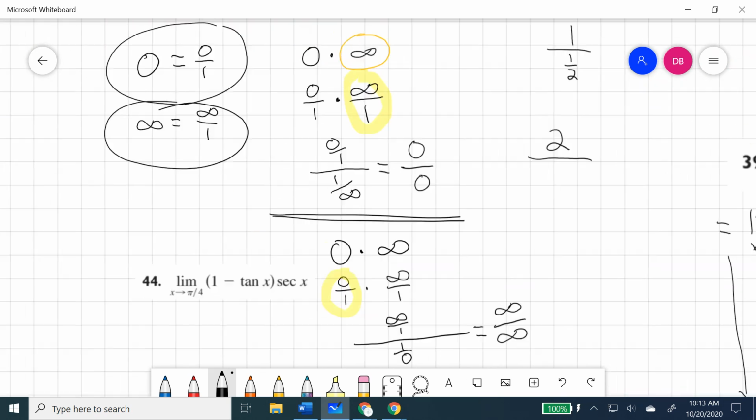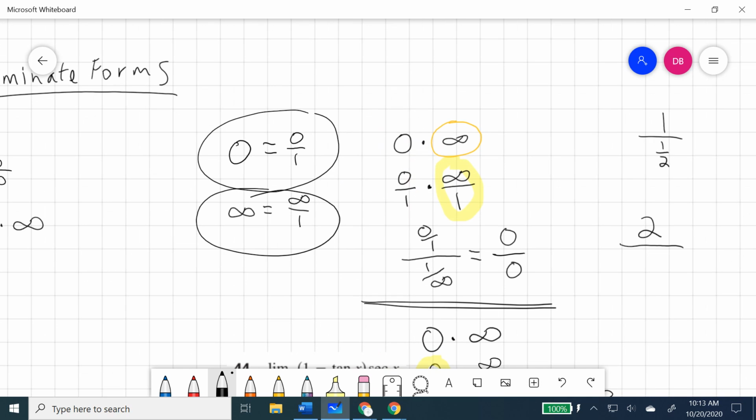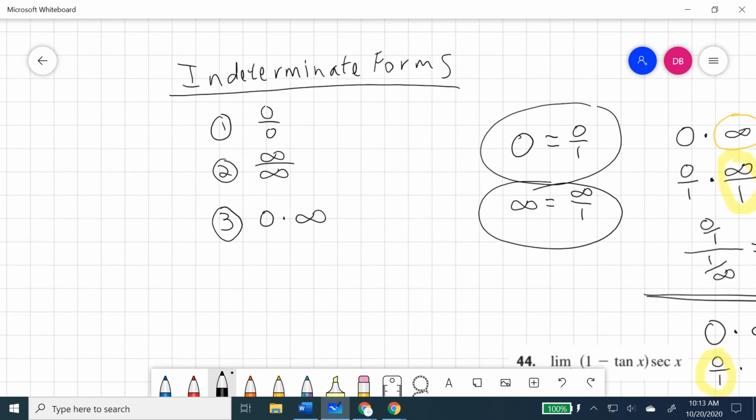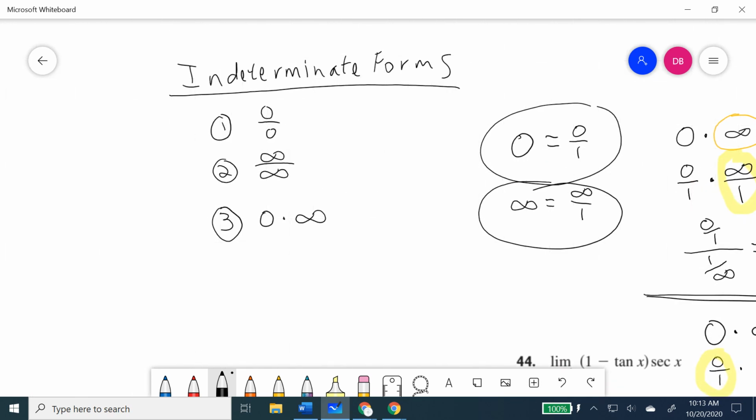Now, if I go back to these indeterminate forms, I mentioned so far these 3. There's another form that you should be aware of, and that is specifically positive infinity minus another positive infinity, or it could be negative infinity minus negative infinity, or negative infinity plus positive infinity, if you get the idea of what I'm saying.